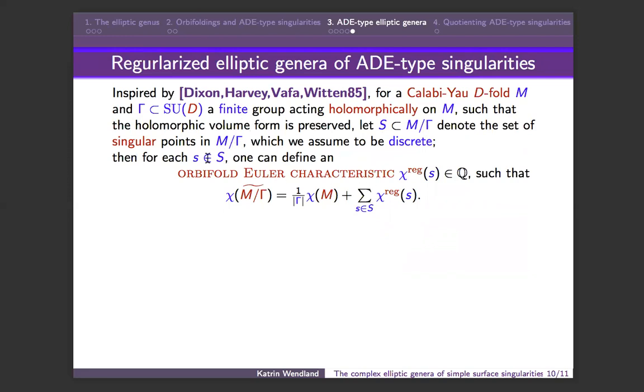Then one can argue that for each of the singular points, one can define an orbifold Euler characteristic that's now a rational number, not necessarily an integer anymore, but it's cooked up so that the Euler characteristic of the orbifold decomposes into this part, which comes from the Euler characteristic of the original manifold, and a separate contribution from each singularity.